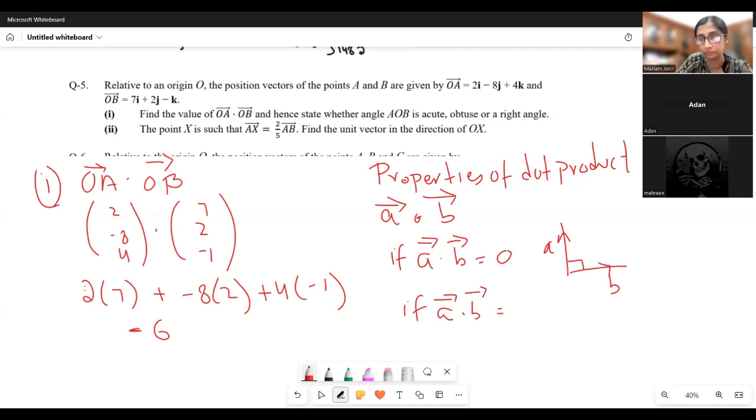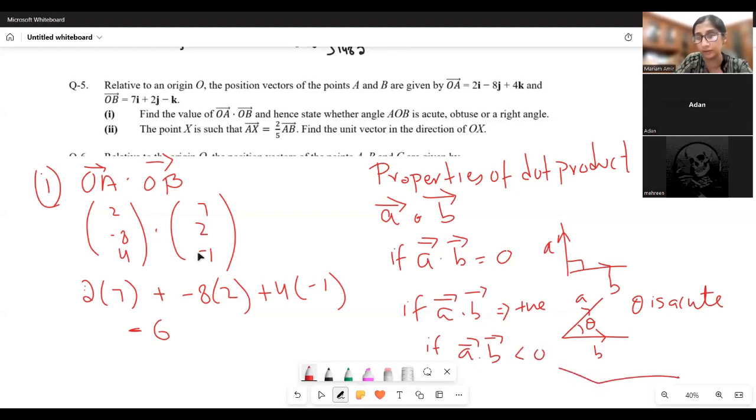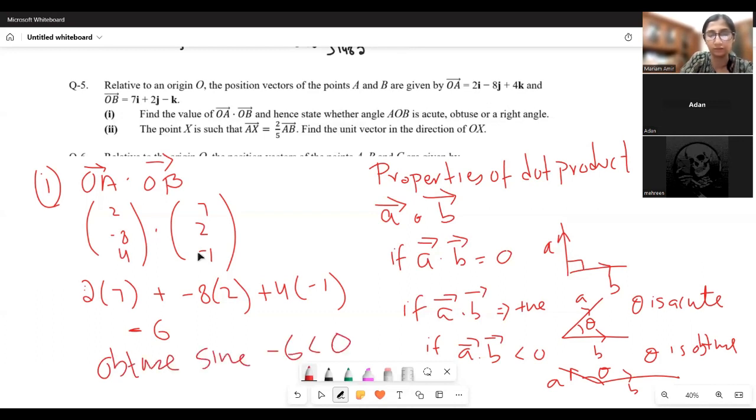Acute angle. Yes, greater than 0 means that the angle between A and B vector is acute. Theta is acute. And if A dot B is less than 0, negative, then vectors A and B have an obtuse angle in between. Theta is obtuse. So in this case, the answer would be obtuse, since minus 6 is less than 0.